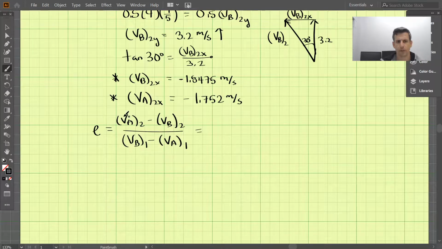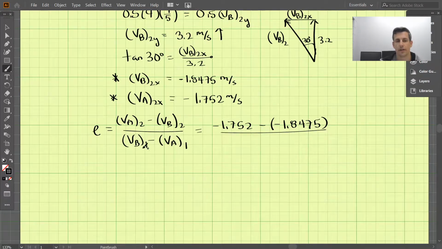So VA2x is negative 1.752 minus VB2x, which is minus a negative 1.8475, divided by, prior to the impact, VB1, which is 4 times the component of that, 3 over 5.